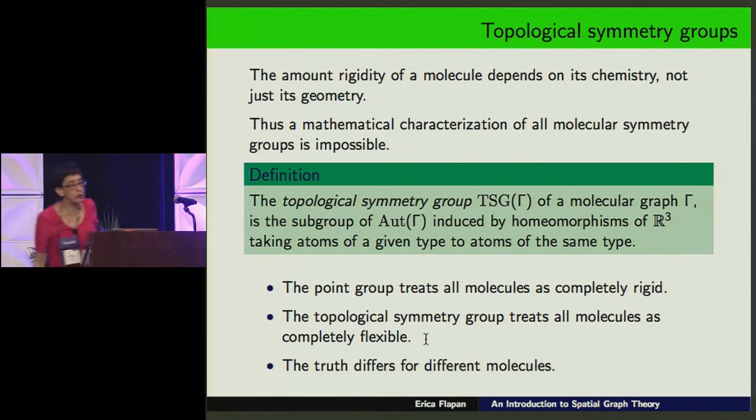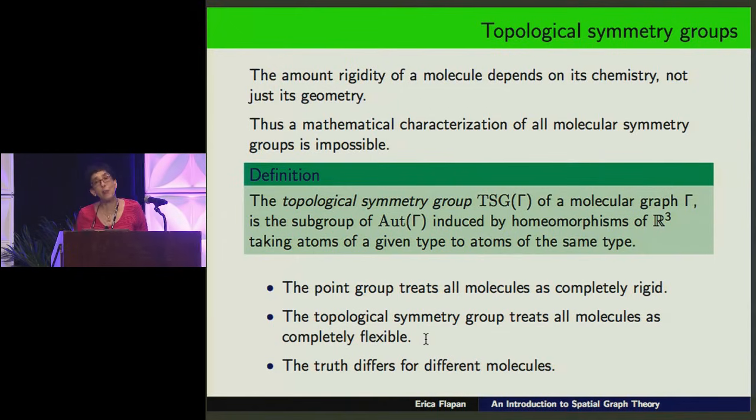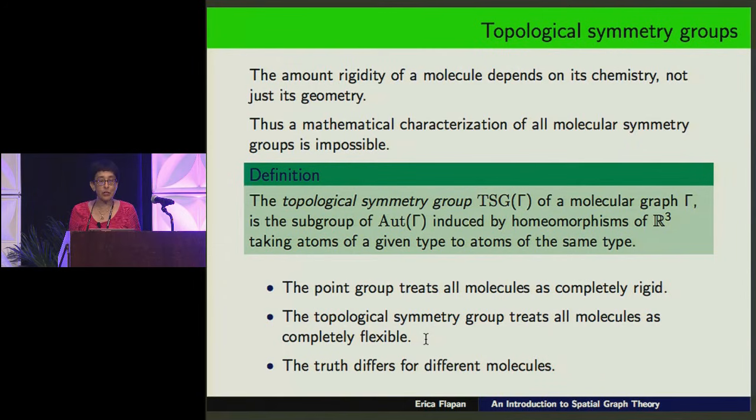So a mathematical characterization of all molecular symmetry groups is not possible. So what I want to do as a topologist is take a topological point of view. So the topological symmetry group, which I'm going to denote by TSG, of a molecular graph is the subgroup of the automorphism group induced by homeomorphisms of R3, taking atoms of a given type to atoms of the same type, of course.